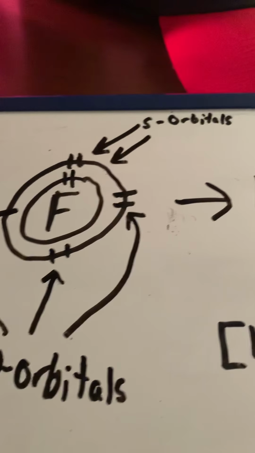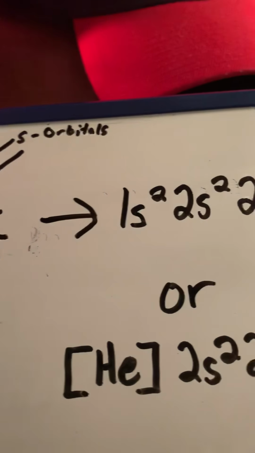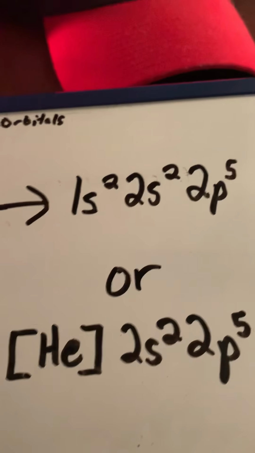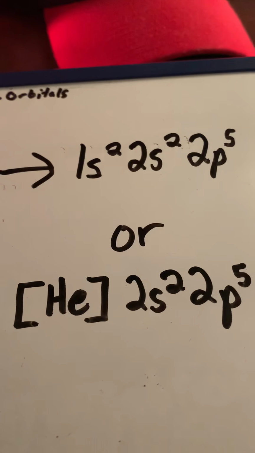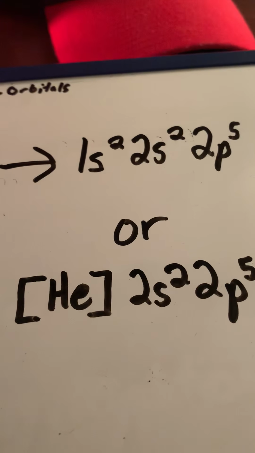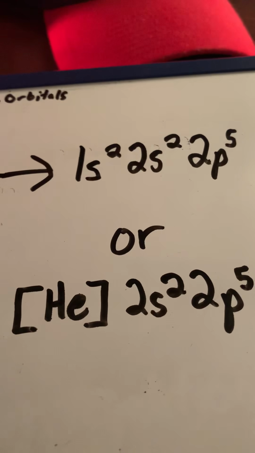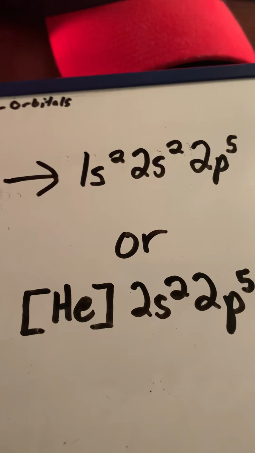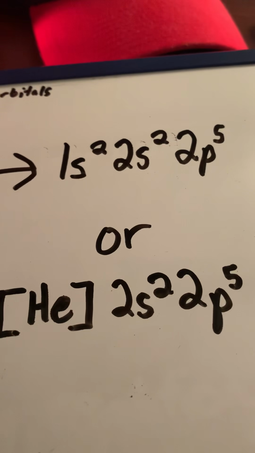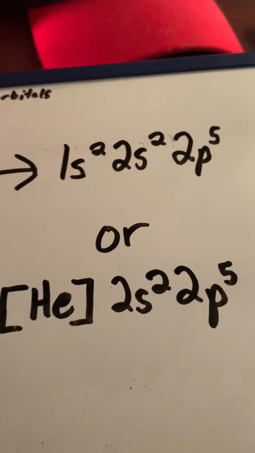So it's as simple as 2p5. So these 2 answers here are both correct: 1s2, 2s2, 2p5, or core of helium, 2s2, 2p5. I hope that helps answer a couple questions and introduce this to you effectively.